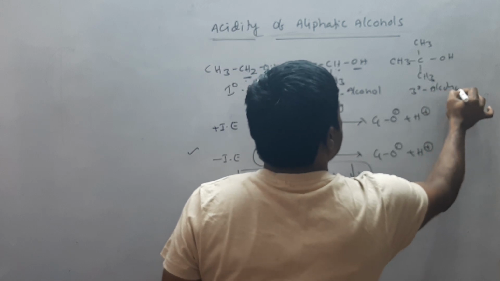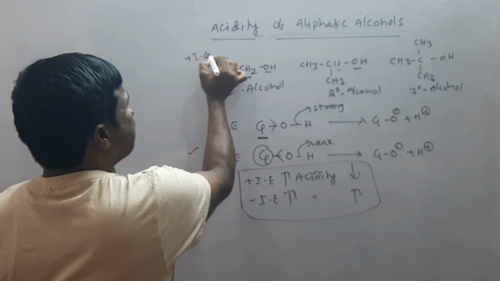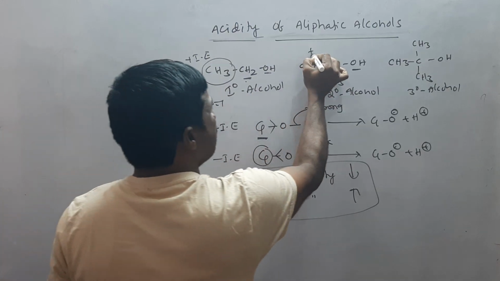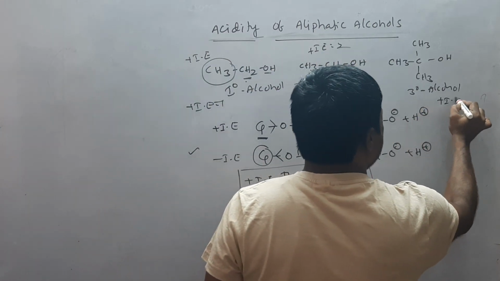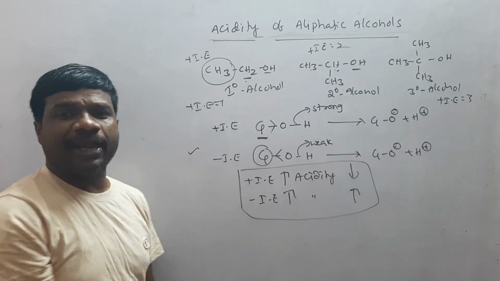In this case, each methyl group acts as a plus I group. Here there is one plus I group, here two plus I groups, and here three plus I groups. So what we wrote: as the number of plus I groups increases, acidic character decreases.